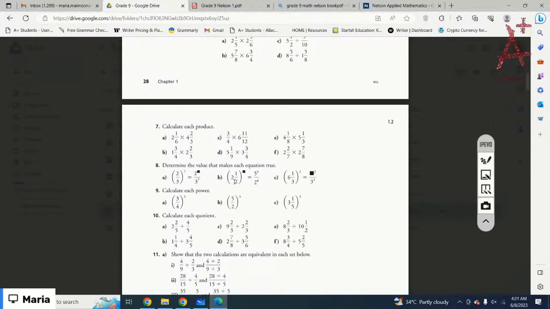Okay, calculate each product. You have to do 2 whole 1 over 6 times 4 whole 2 over 3.